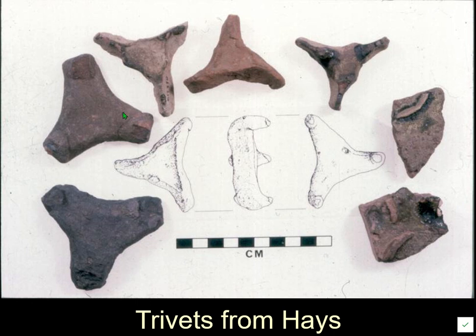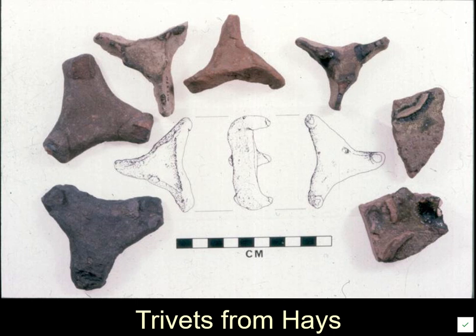And so these trivets are put inside bowls when they're fired. And this is a problem with glazed pottery, because with unglazed pottery, you just stack it up and fire it, and it's all well and good. But when the pottery is glazed, the glaze will run, it will flow from one vessel to the other, and when it cools, it'll all be stuck together.